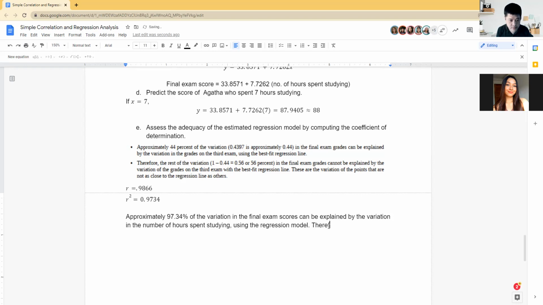Therefore, the rest of the variation, approximately 2.66%, in the final exam scores cannot be explained by the variation of the number of hours spent studying with the regression model.